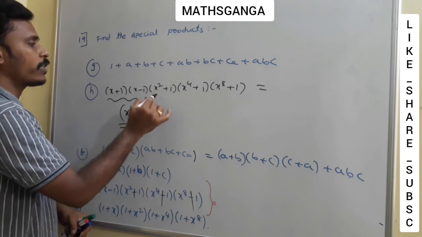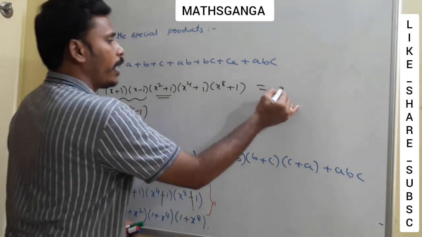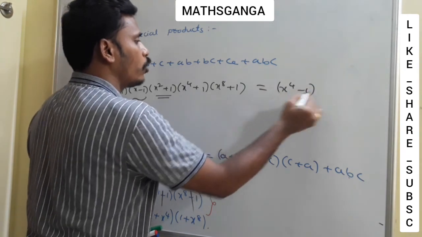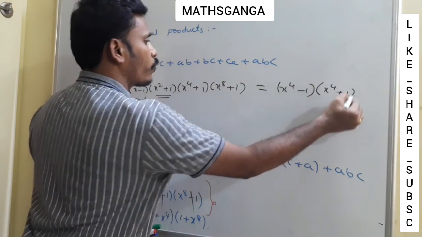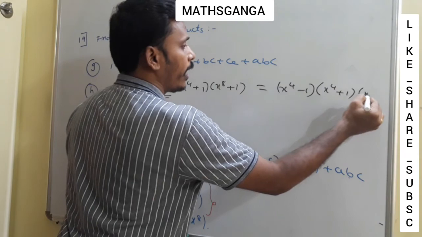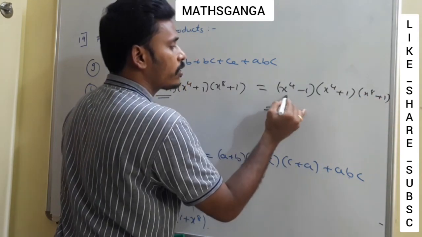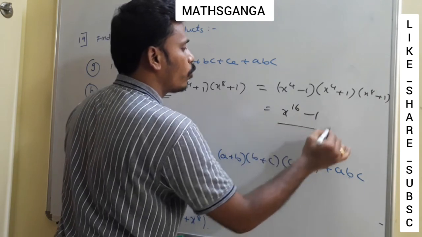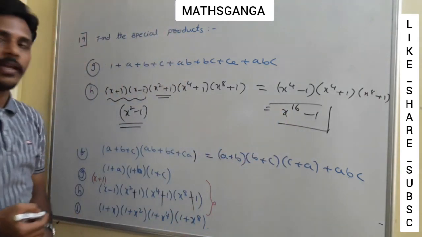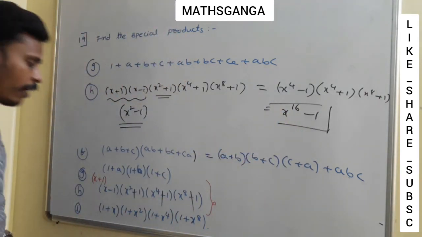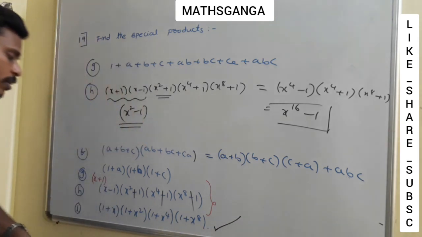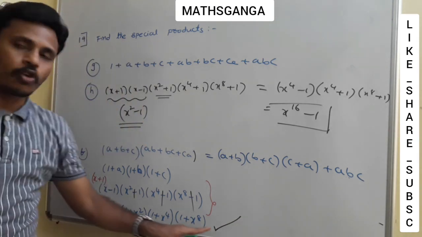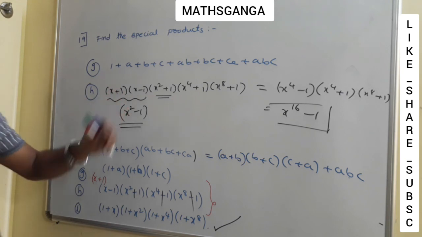And this (x square minus 1) into (x square plus 1) is what? x power 4 minus 1, using (a plus b) into (a minus b). (x power 4 plus 1) I have here, and (x power 8 plus 1) is the next one. Now this product is x power 8 minus 1. When multiplied with this, at the end you get it as x power 16 minus 1. I left you this product for your choice, and the next class I will start with this product. Just have a look at this.